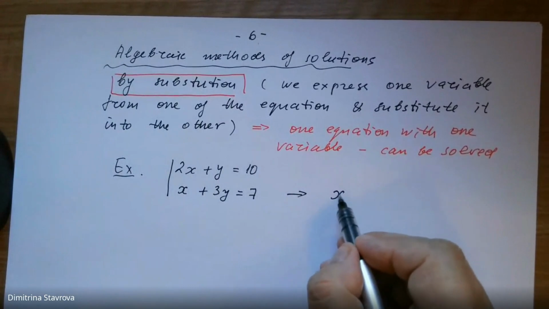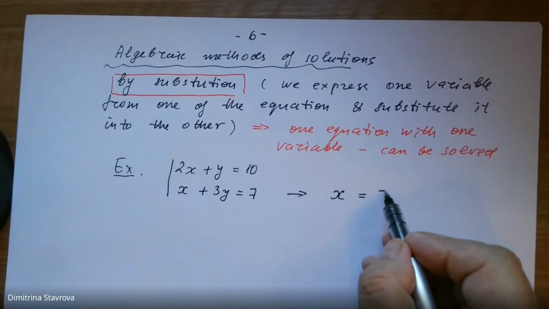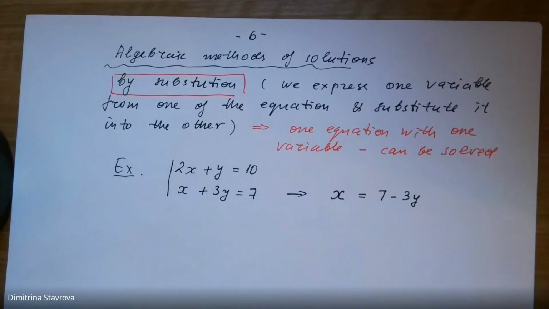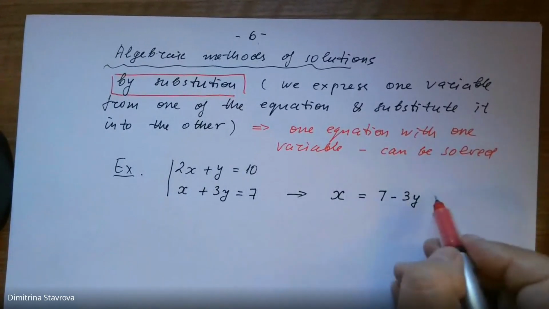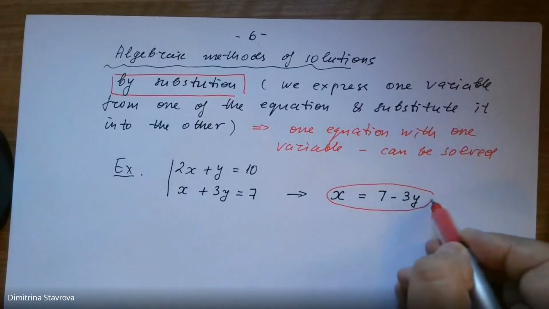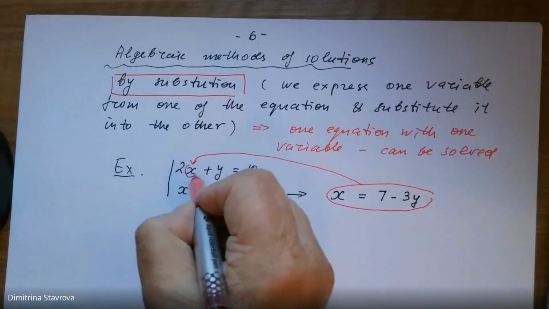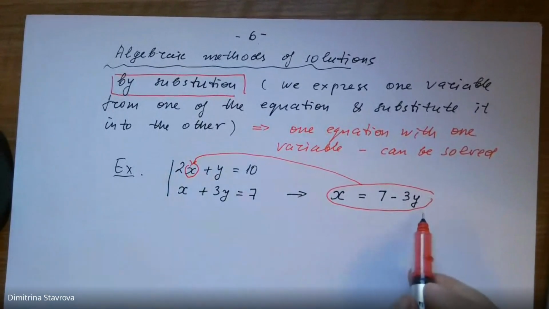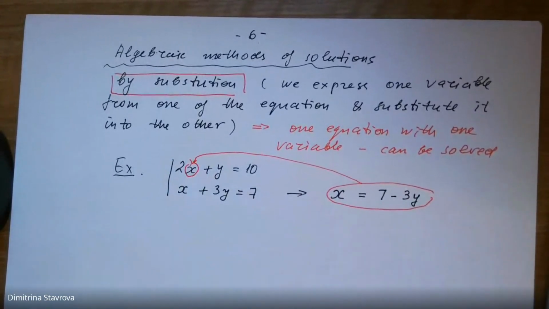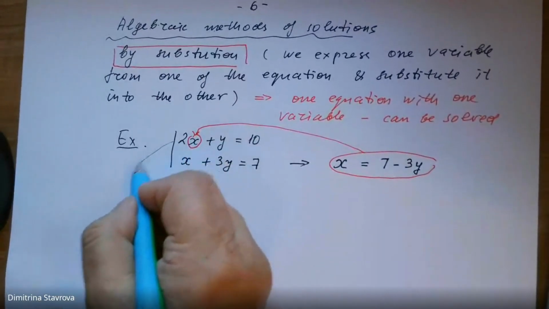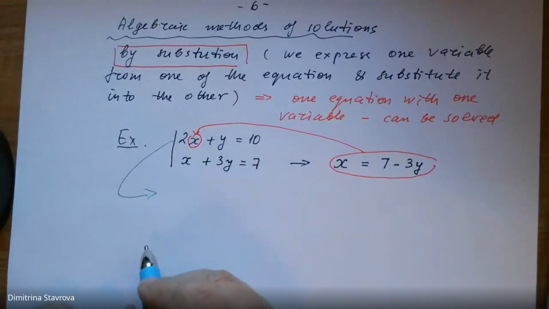We express x as 7 minus 3y. After we express it, we replace x in the first equation with this expression. Let's do it.